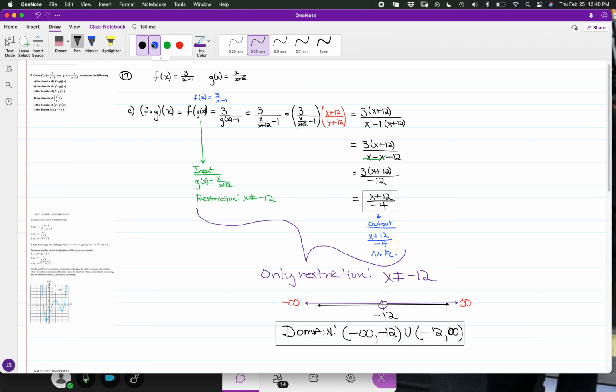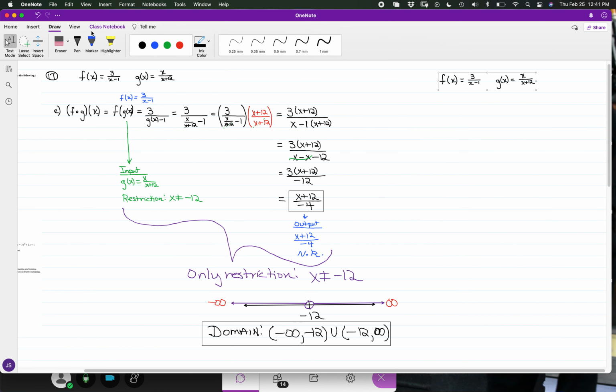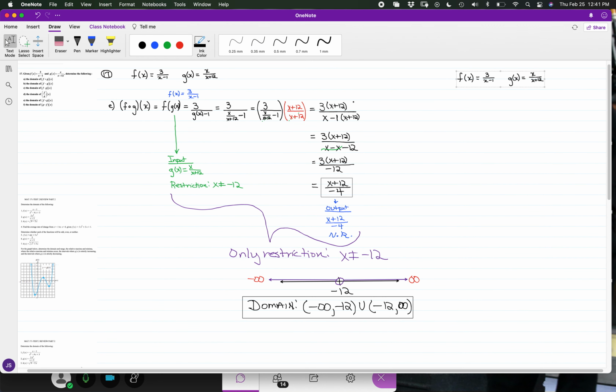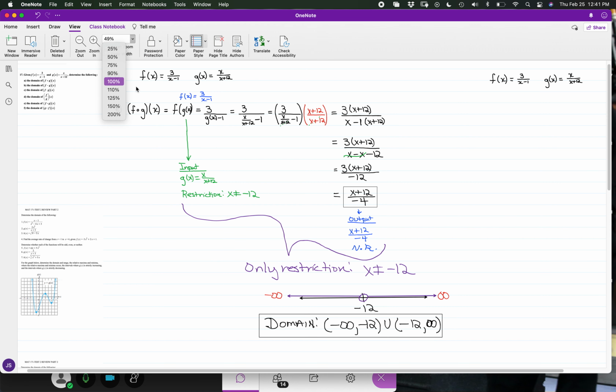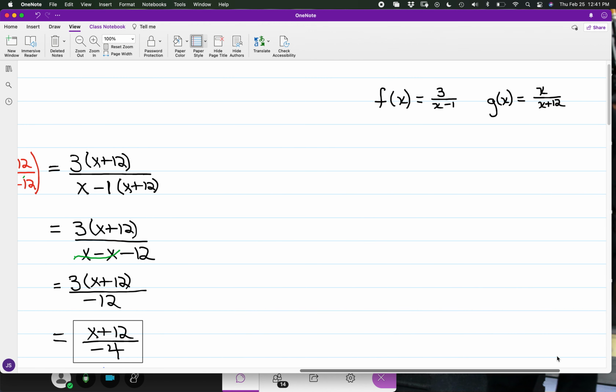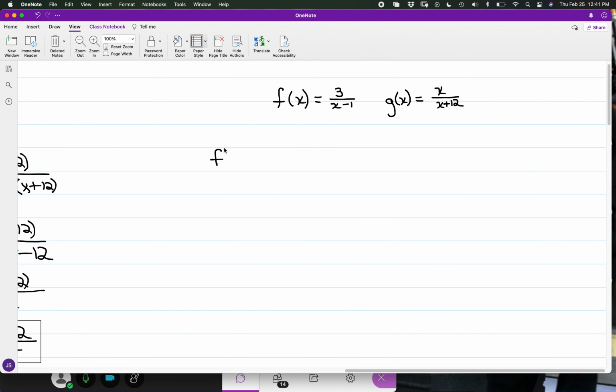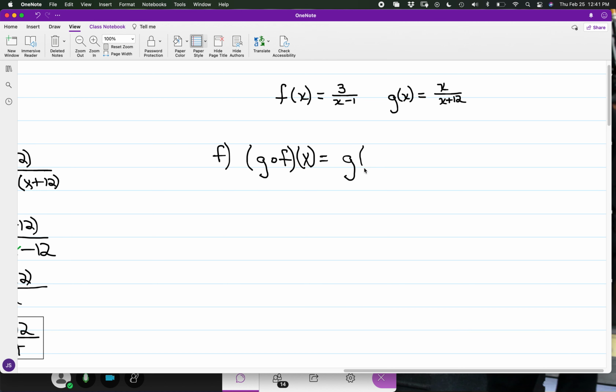And now looking at g composed with f of x, in the compact functional notation, we have g of f of x.